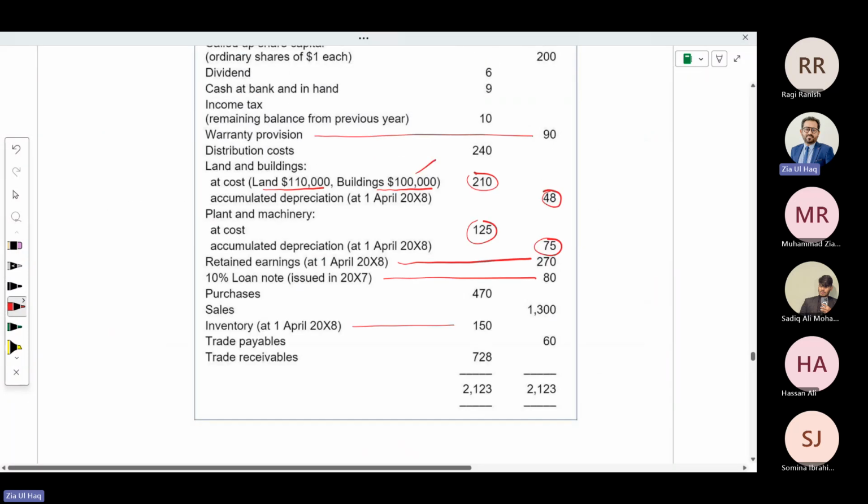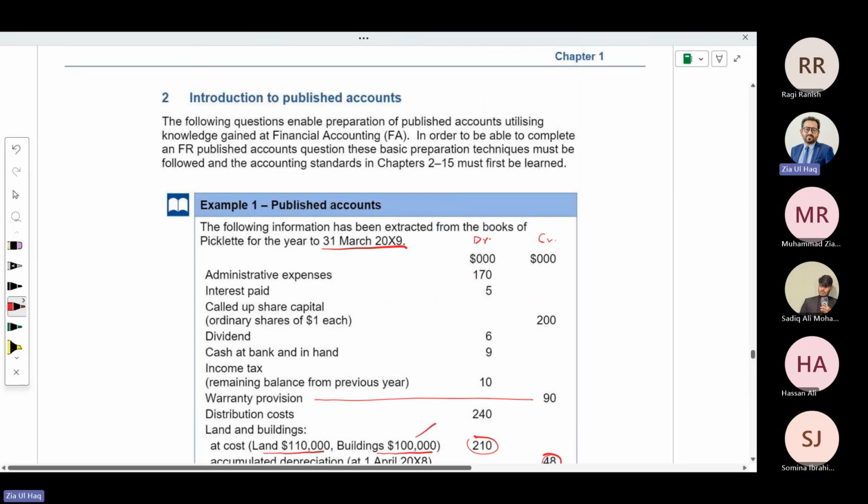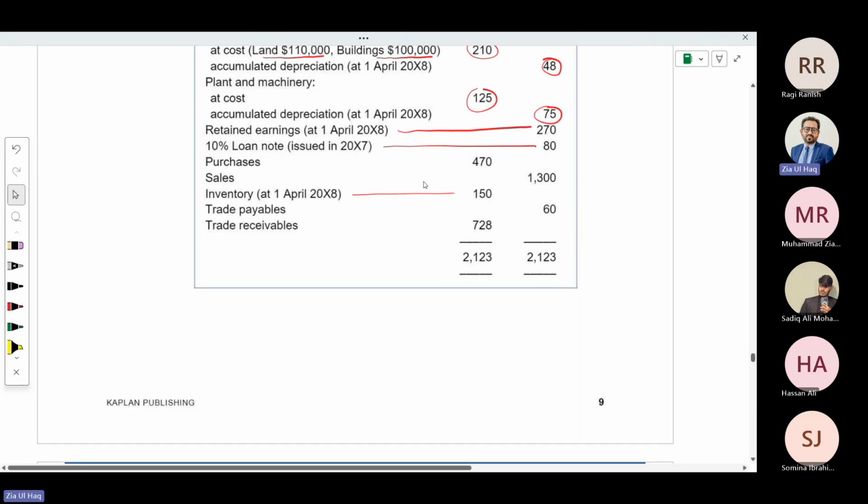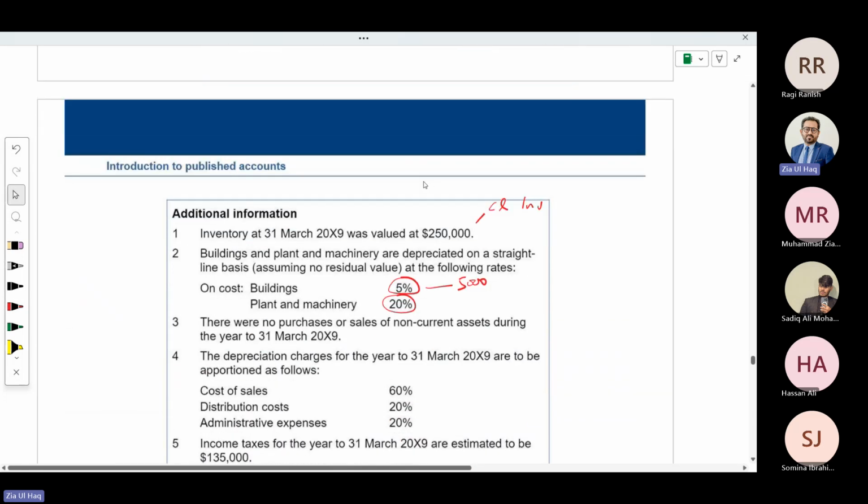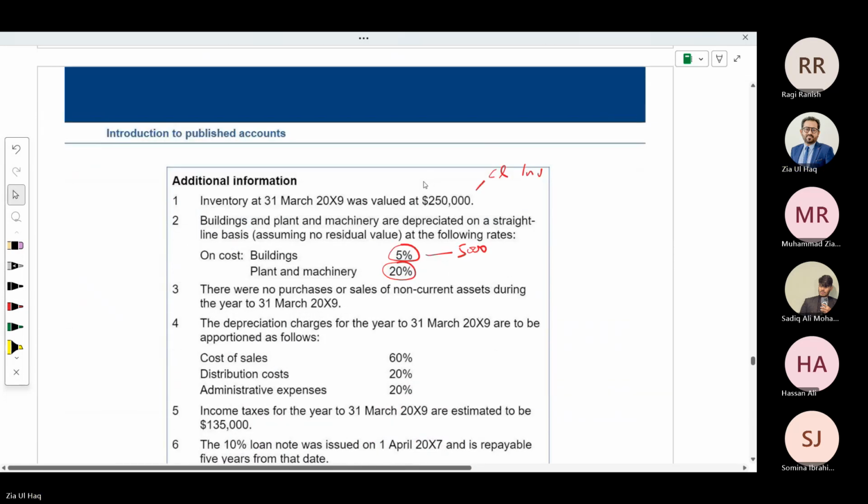The plant and machinery cost is 125, and these figures are in thousands, so 125,000. And 20% of 125,000? I need a calculator in your hand all the time during this FR class, please. Not a mobile calculator; you cannot use a mobile in your exam paper, please.